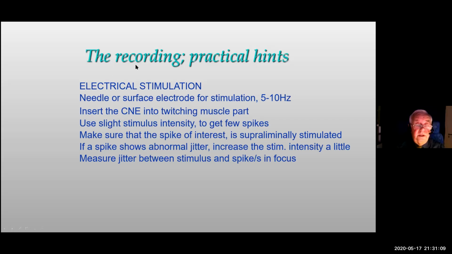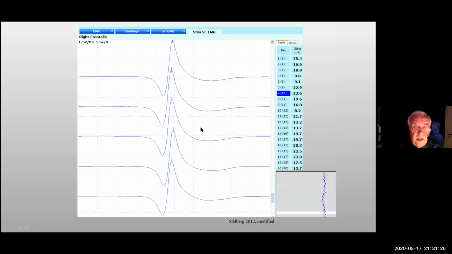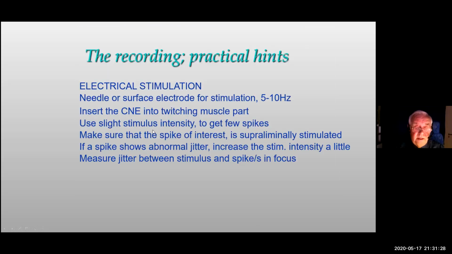So the practical hints for electrical stimulation is that we stimulate with 5 or 10 hertz, insert the needle into the twitching part of the muscle, slight stimulus intensity to get few spikes, but we must have the intensity enough so that each spike that we are going to measure is supraliminally stimulated.